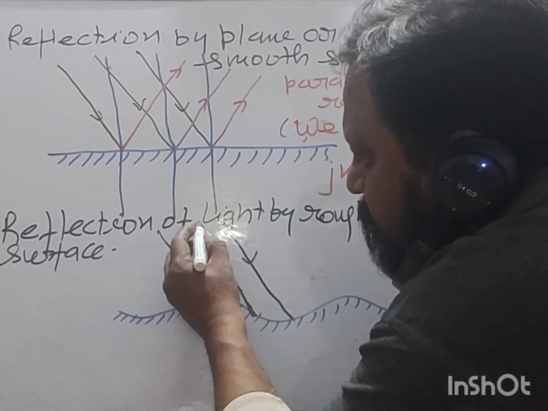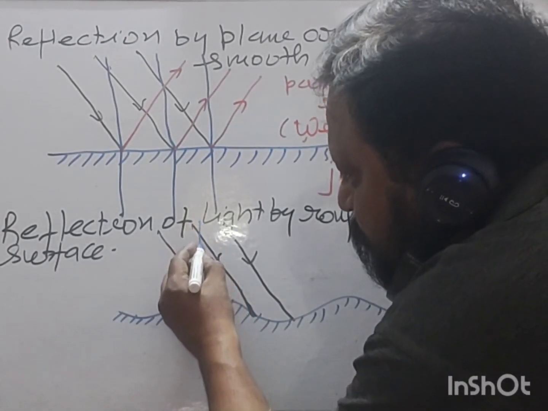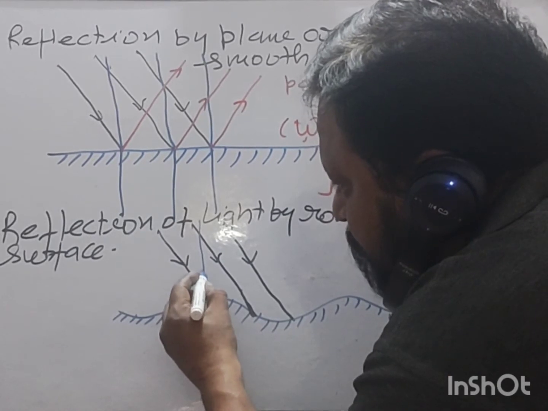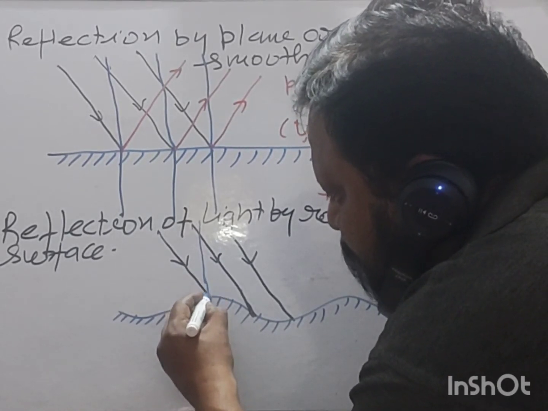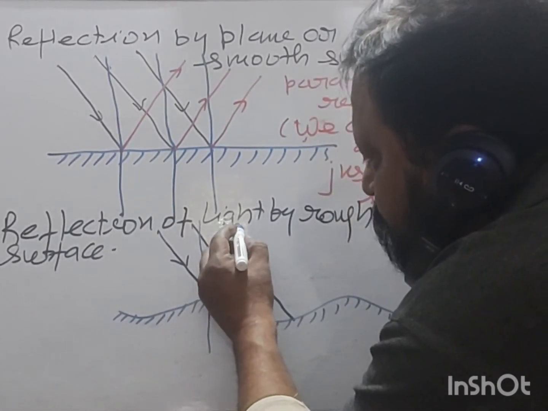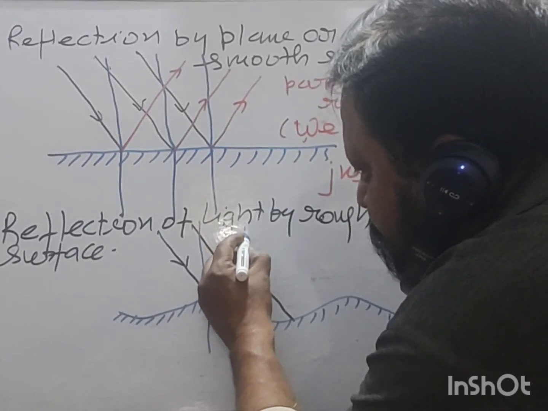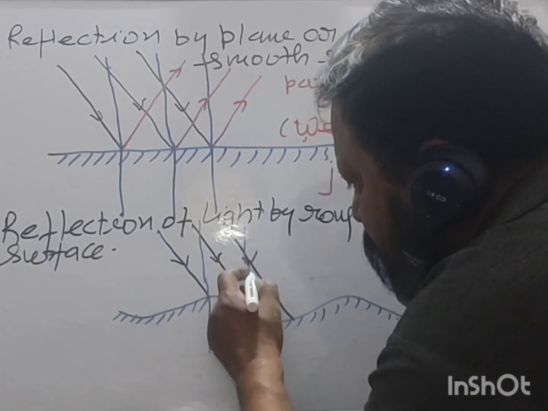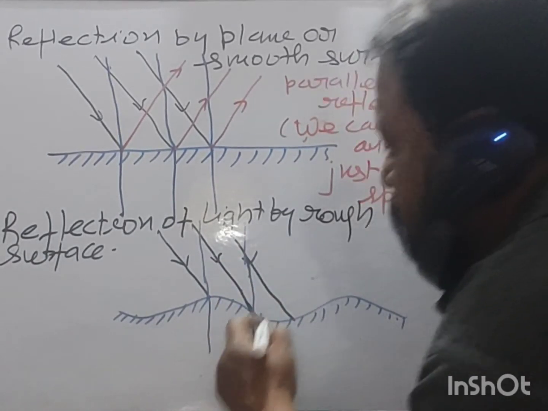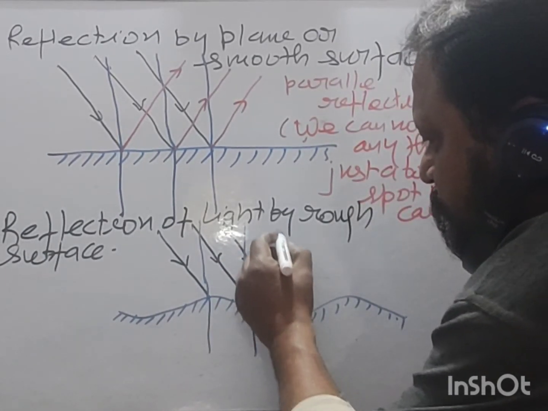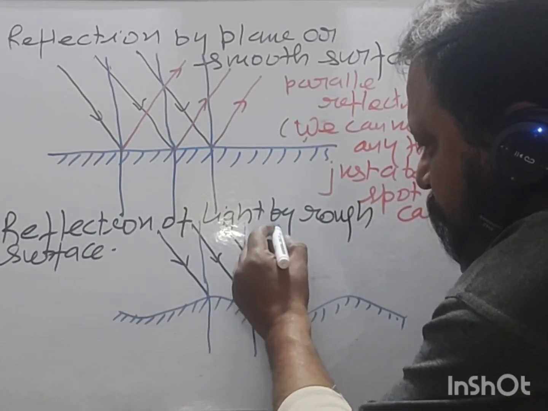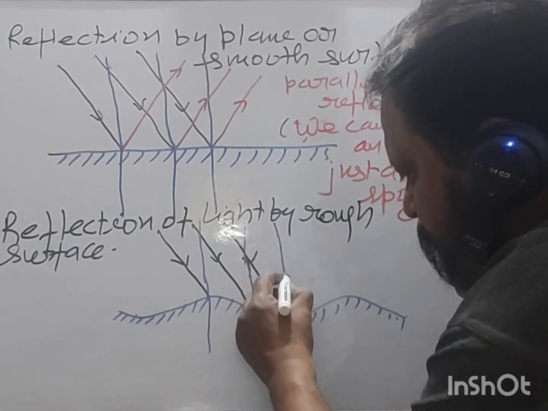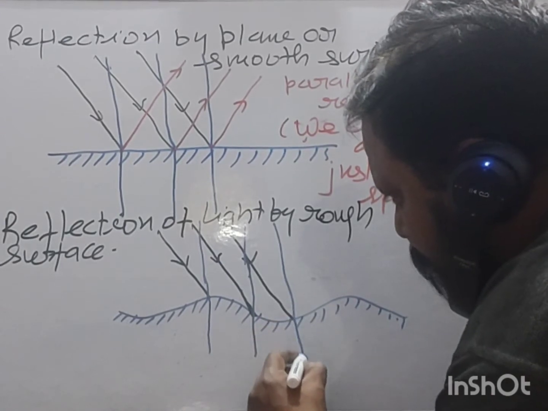Now this is the normal for incident ray 1. This is the normal for incident ray 2, and this is the normal for incident ray 3.